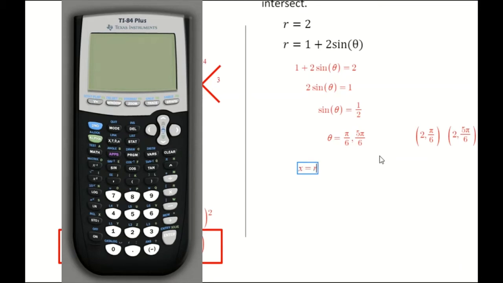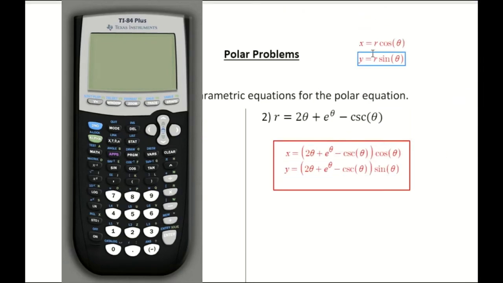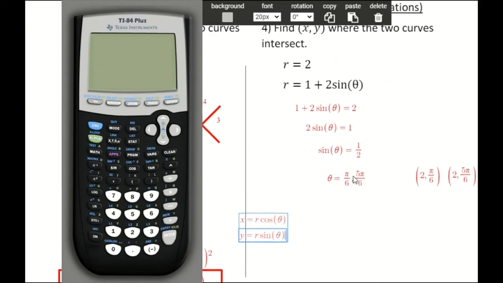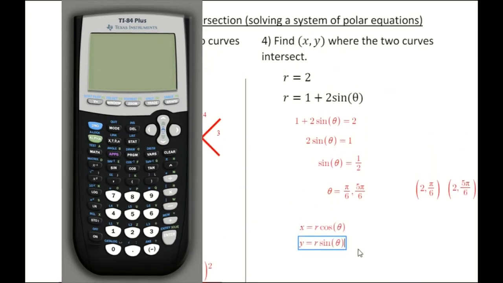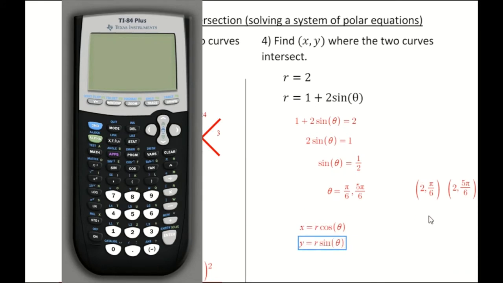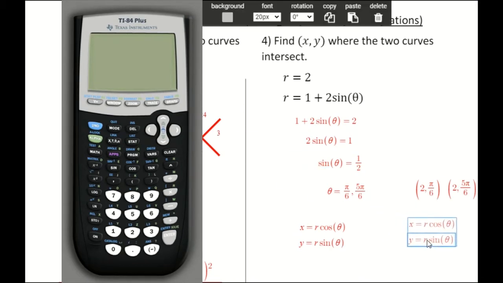Let me copy them from above, these fancy little equations, put those over here, and I'll separate these out because I want to calculate these separately. These are two separate points, so I'm going to need another set here.